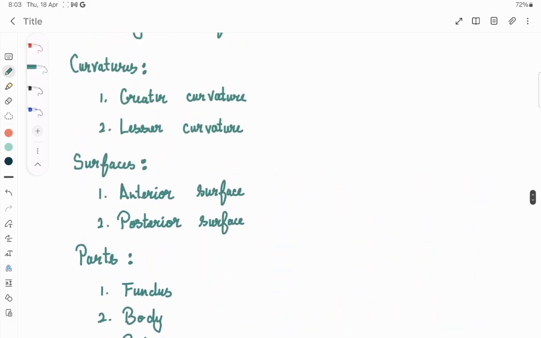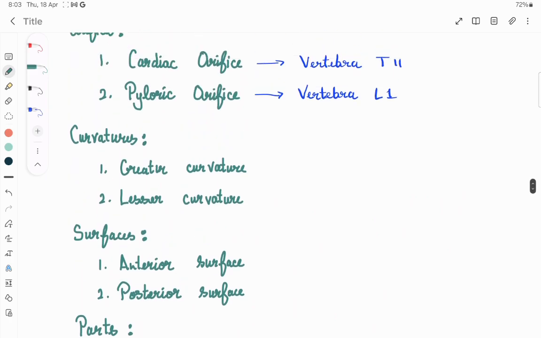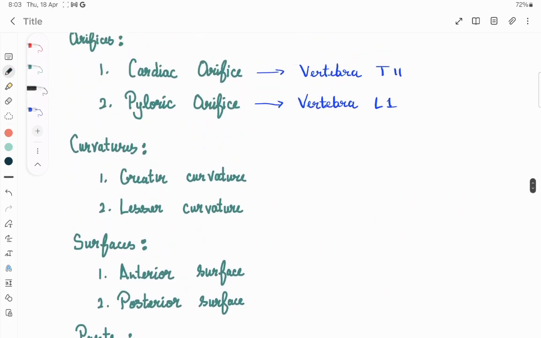So next up is peritoneal relations. The greater curvature has the greater omentum attached to it, and the lesser curvature has the lesser omentum attached to it.